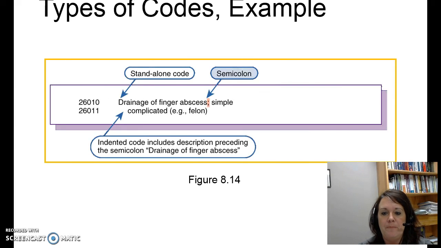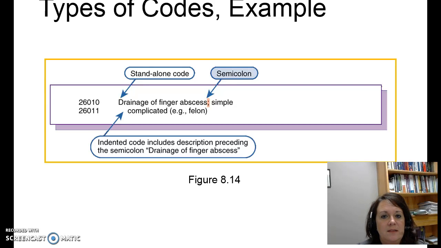So this is an example. Here's two codes. Do you see one's left justified and one isn't? One's a standalone code and one's indented. If I've read the whole description for 26010, it says drainage of finger abscess, simple. See the semicolon?